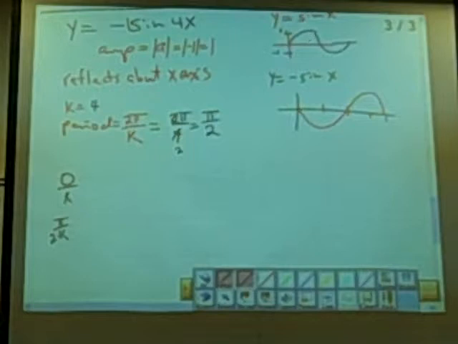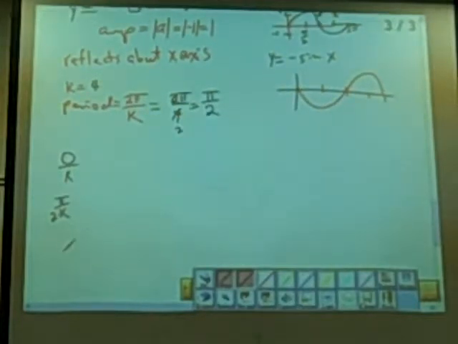So this is original. And if you have to, it really helps to write the increments down too for the original graph. And that'll help you to remember what those are.